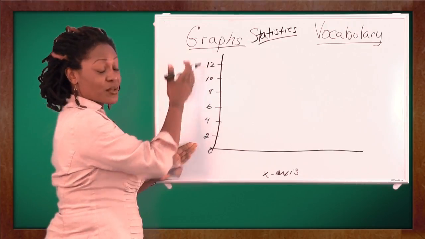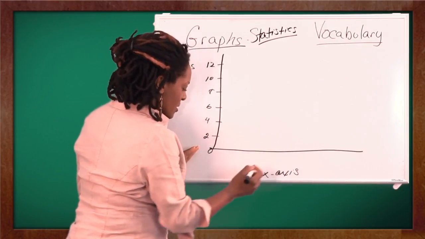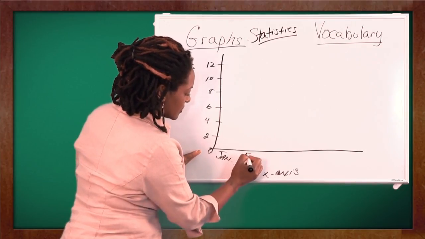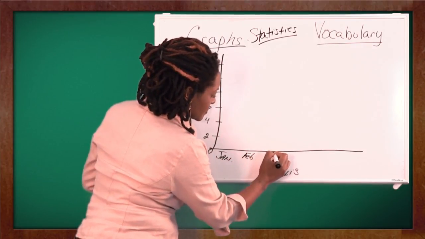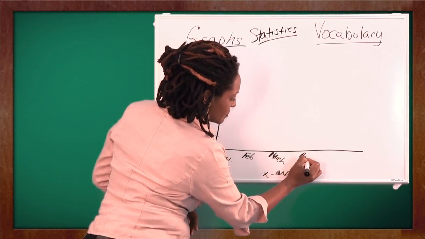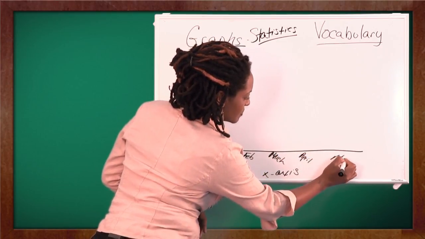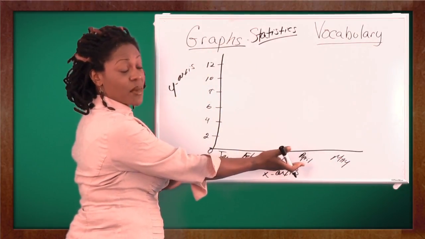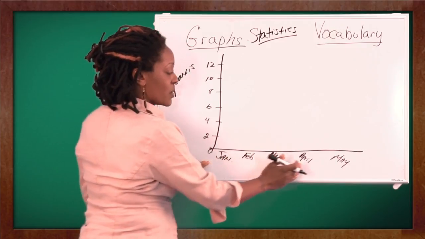We know that we're measuring something. And then down across the bottom, I'm going to put some months. All right, so here on the x-axis, we have months, and they're all going in order.